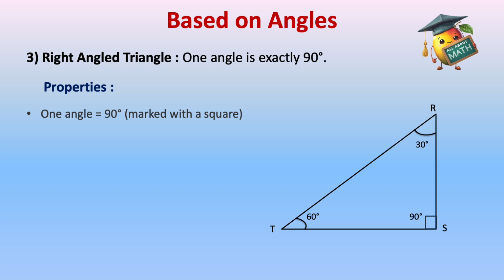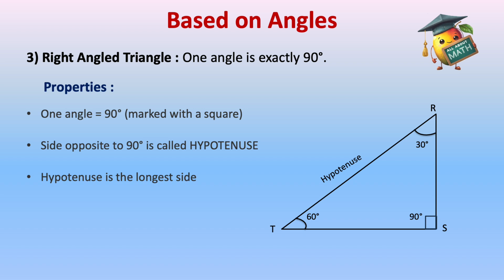Other angles are marked with curves, but this one with a square when it is 90 degrees. The side opposite to 90 degrees is called hypotenuse. This is another property you should know, and the hypotenuse is the longest side as well. So we can say triangle RST is a right angled triangle. This one is easy, just remember, you just need to check the angle should be 90 degrees, that is a right angled triangle.